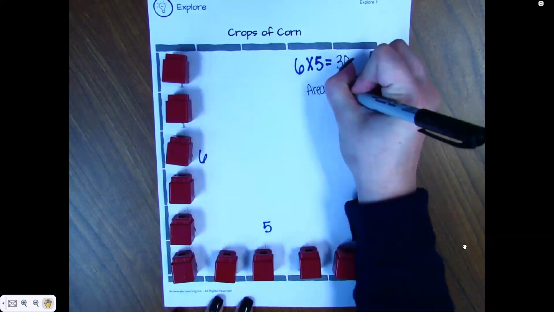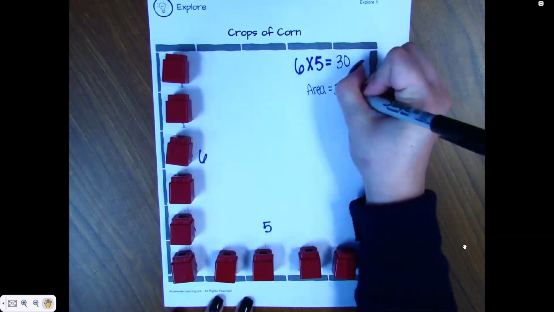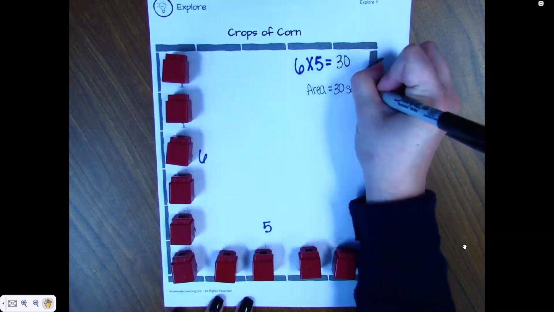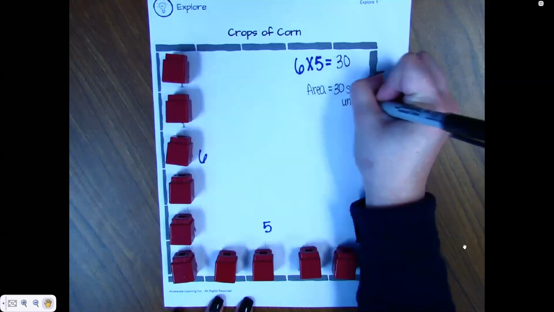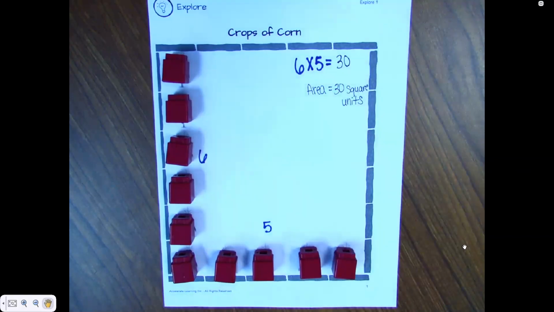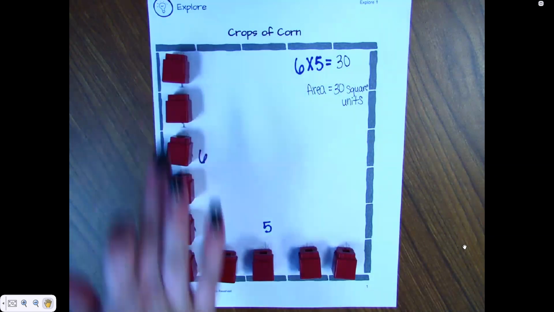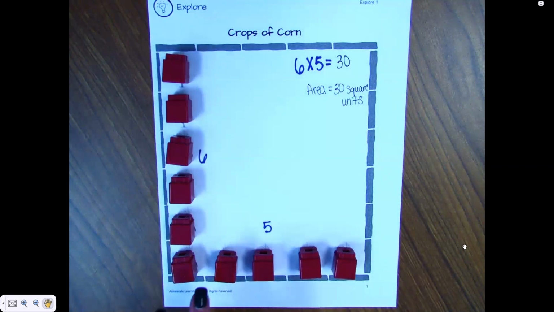So it'd be 30 square units. So I have 6 times 5 because I have 6 on the side and I have 5 at the bottom. So my width is 6 and my length is 5, right? So then I have 30 square units.